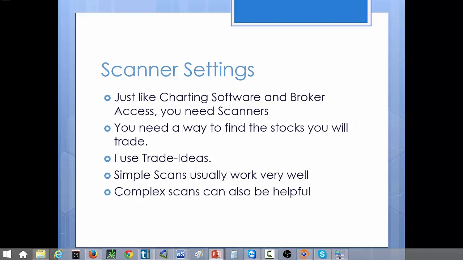Okay, so just like your charting software and your hotkeys with a good broker, you need stock scanners. Scanners are where you're going to find the ideas that you trade every single day. So they're a tool for idea generation, right? And that's one of the same values that our chat room has. The chat room is really good for idea generation.